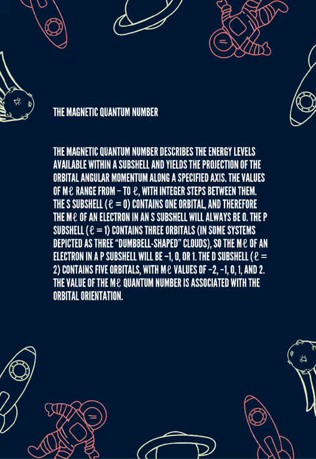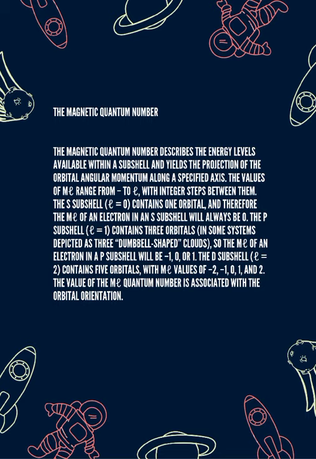will always be 0. The p subshell, l equals 1, contains 3 orbitals, in some systems depicted as 3 dumbbell-shaped clouds. So the m_l of an electron in a p subshell will be negative 1, 0, or 1.